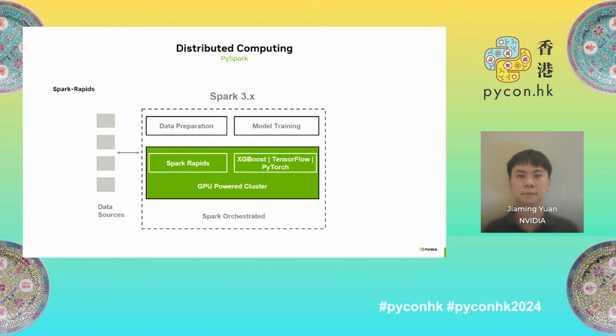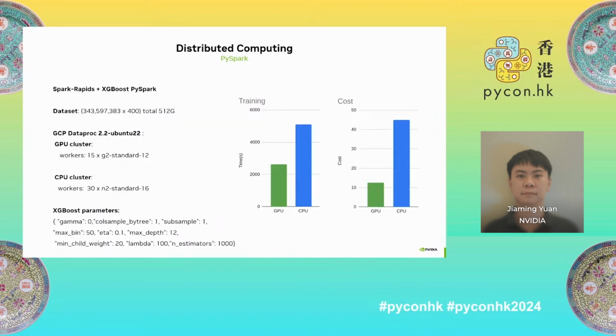It works for both Java and Python, but I don't work with Java. It helps XGBoost build the entire pipeline from ETL to model training, and it aims to be faster than CPU and cheaper than CPU.